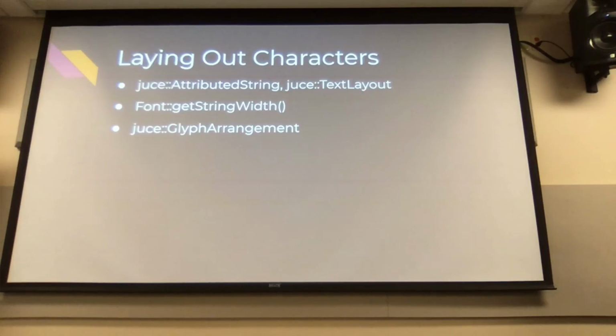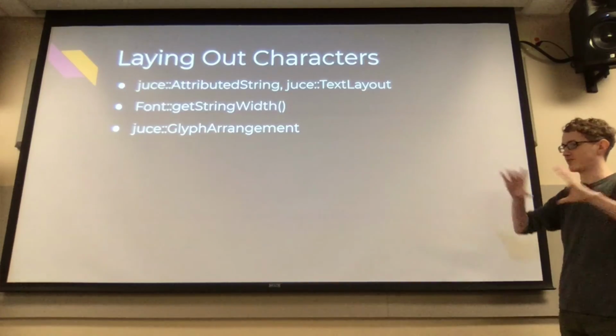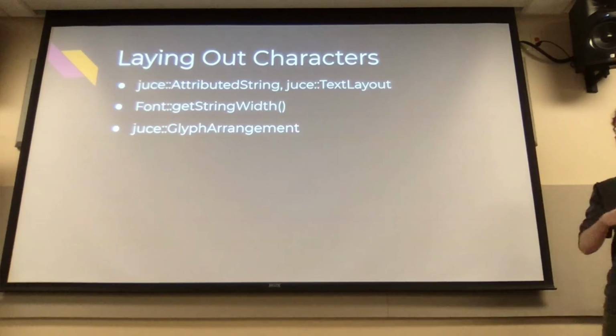Laying out your own characters, as I said, don't do this. It's a nightmare. But if you absolutely have to for some reason, the easiest is probably if you're doing some sort of multi-font and color layout. Say you have some text in a certain font, and in the middle of the sentence we switch to another font, another color and a different style. We actually do this in the example too.